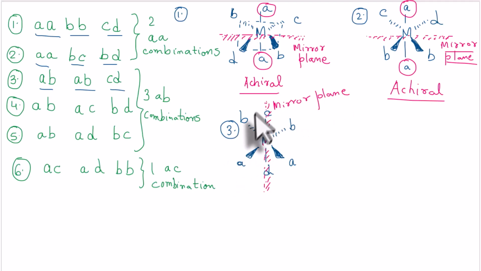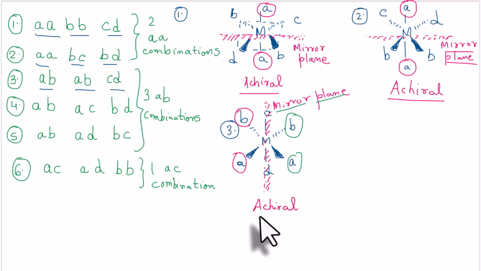Now you can see we have the same AB, AB ligands on both sides. That means if we cut this molecule through this vertical plane, we get two equal halves. So again, this structure is achiral.